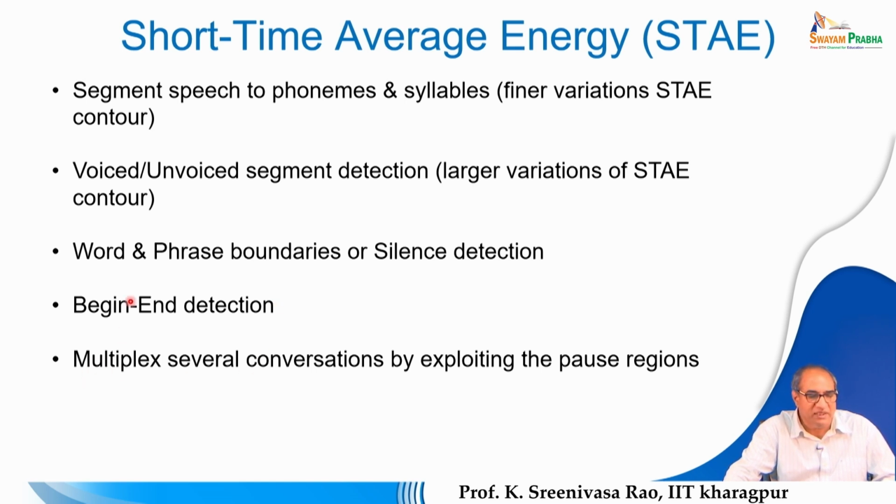Finally, by knowing the locations of the pauses, one can multiplex several conversations by exploiting the pause regions. It means that when you are speaking, it is not that the person is speaking all the time; we allow some pauses or gaps in between, and those gaps do not contain any speech information.